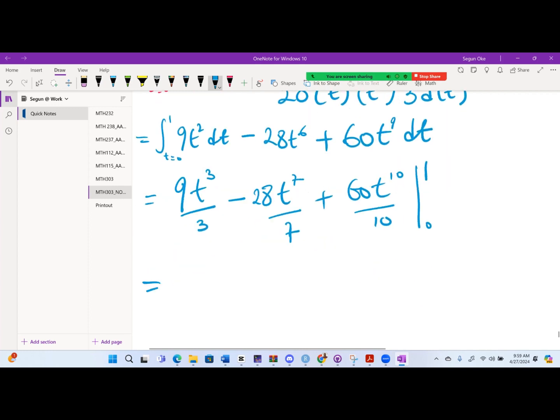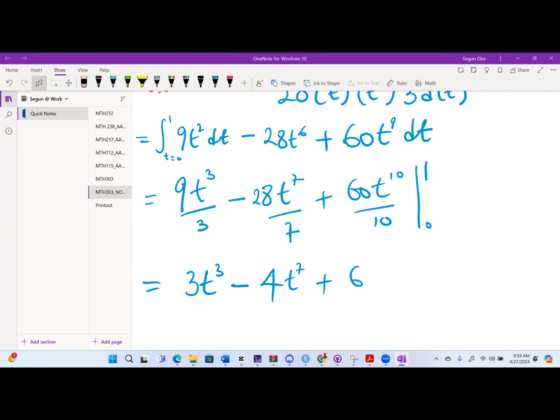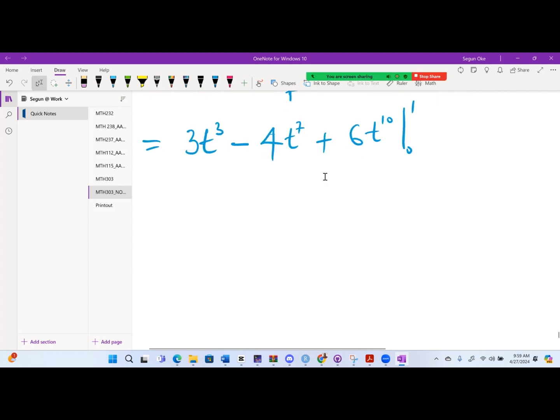Now 3 can go in this one by 3 times. 3t raised to power 3. Please up your mic. Thank you. Minus 4t raised to power 7 plus 6 t raised to power 10, from 0 to 1. Upper limit minus lower limit. My upper limit is 1. I'll substitute 1 here.